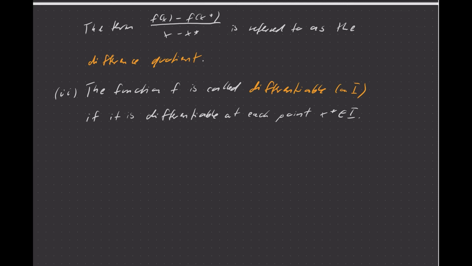And if that is the case, one can define a function that assigns to every point in that interval the value of the derivative, and that function is also called the derivative of f. So the function, again, is denoted as f prime and is now regarded as a function on I that assigns a real number to every point in I, and is defined as x maps to the value of f prime at the point x.